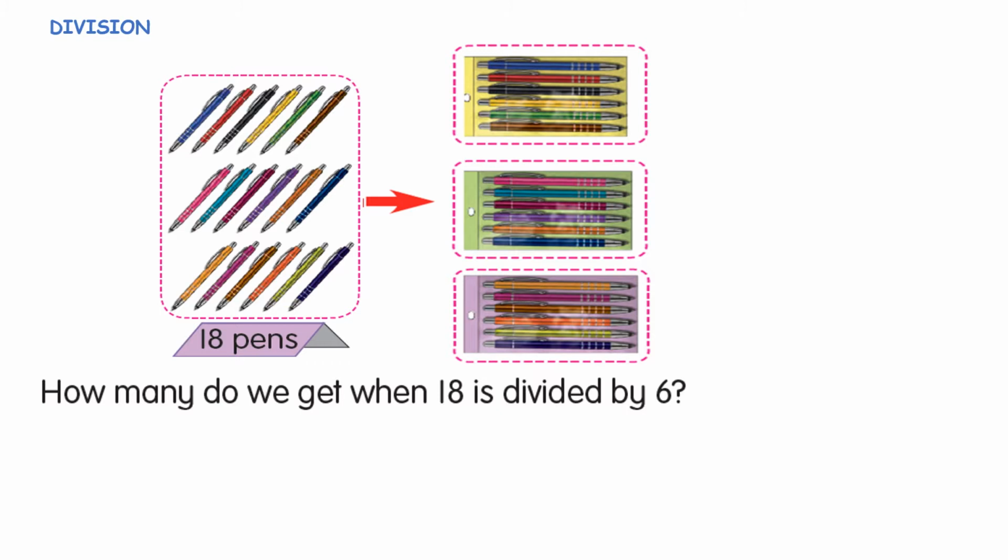How to write the number sentence? We start from the number of pence: 18 divided by 6, because there are 6 pence in each group, equals 3 groups. So 18 divided by 6 equals 3. This is the method that we learned yesterday.